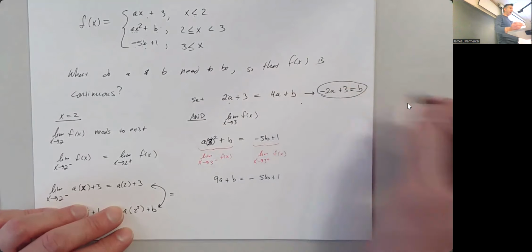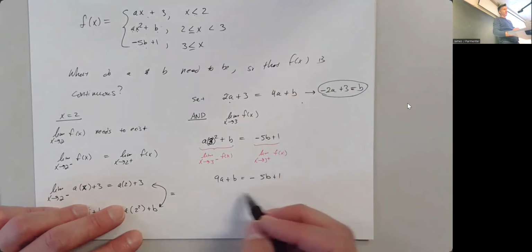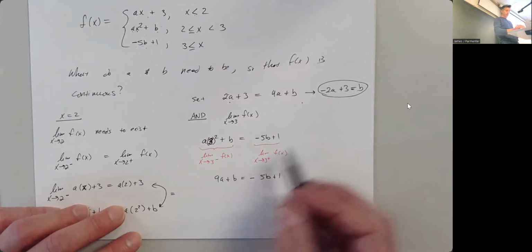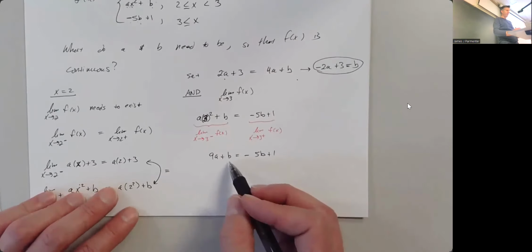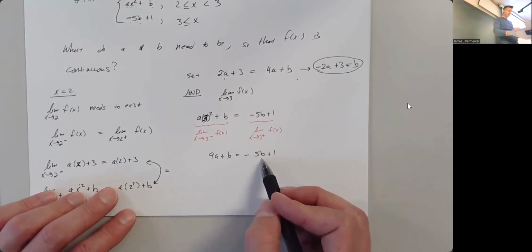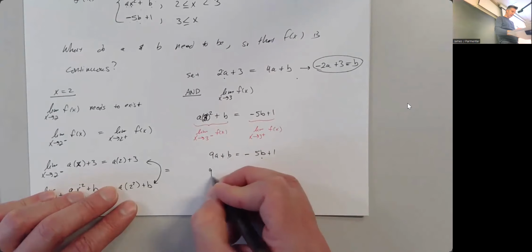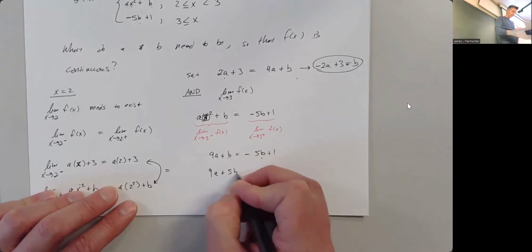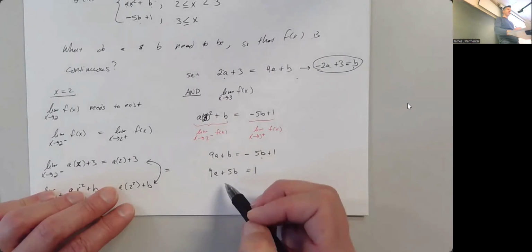And I'm going to take that thing that b is equal to and substitute. Well, I might simplify this equation before I do that. I don't want to plug it in here and here, so let's be smarter about this and say, I'm going to add 5b to both sides and say that 9a plus 5b is equal to 1. And then plug in this for b down here.